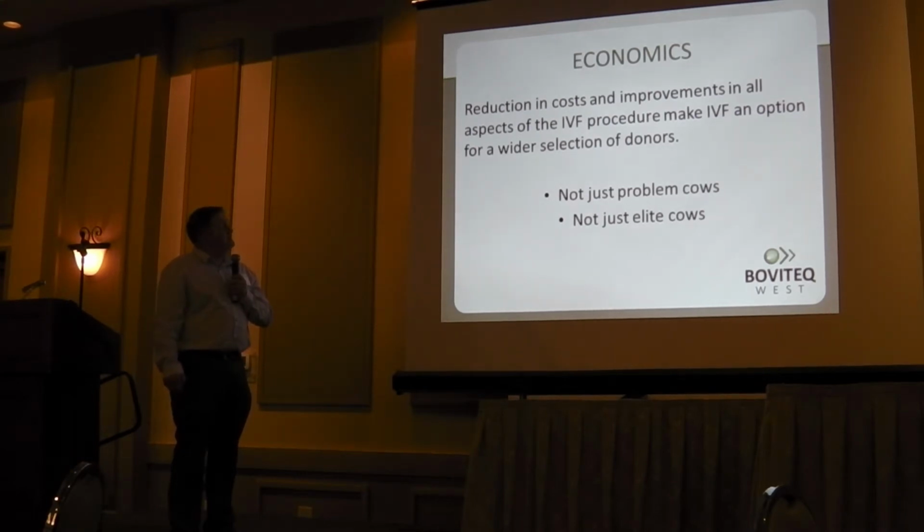So the economics: reduction in cost and improvements in all aspects of the IVF process make IVF an option for a wider variety of donors. It's not just the problem cows, it's not just the elite cows, it's there for everybody to use. So just before Christmas, I put four case studies together, and I chose these for various different reasons.